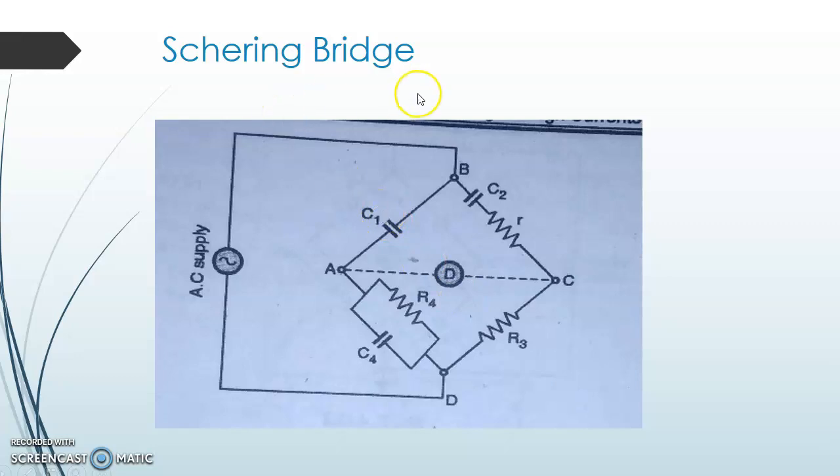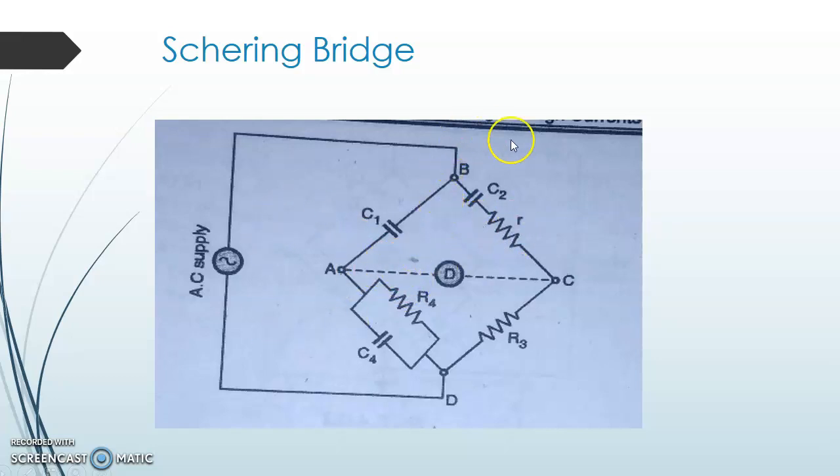So now Schering bridge. There are various methods for the measurement of capacitance and dielectric loss. Schering bridge method is a very important and popular method to find these terms, that is measurement of the capacitance and dielectric loss. In this method, the imperfect capacitor can be compared with the perfect capacitor.